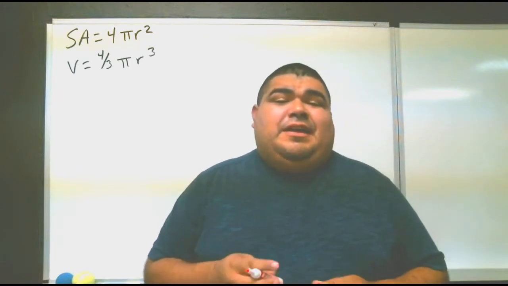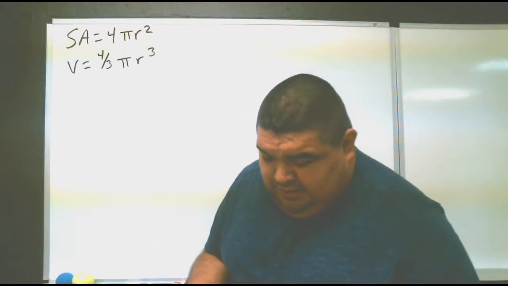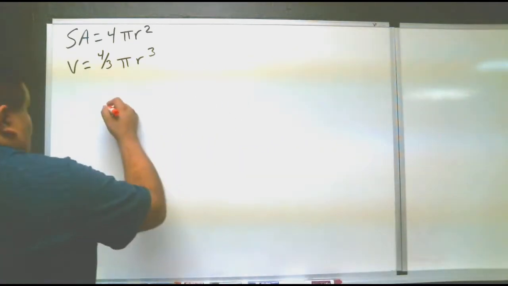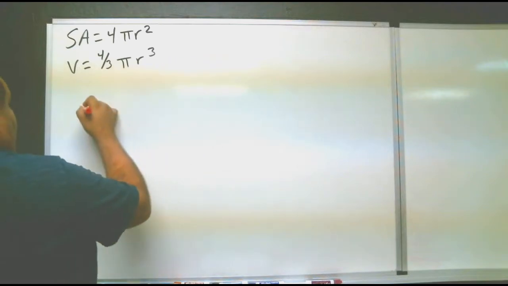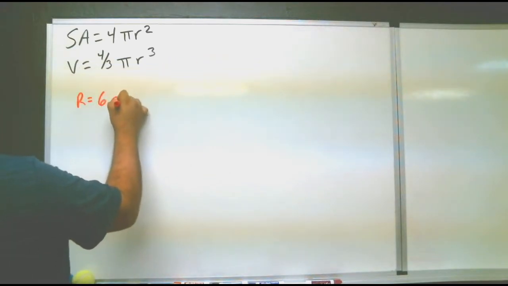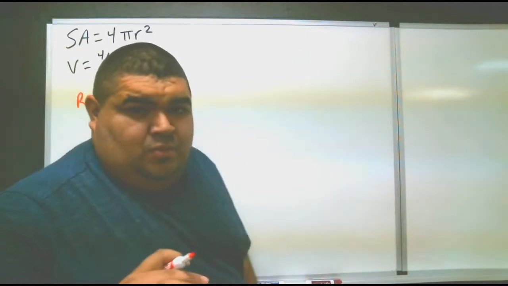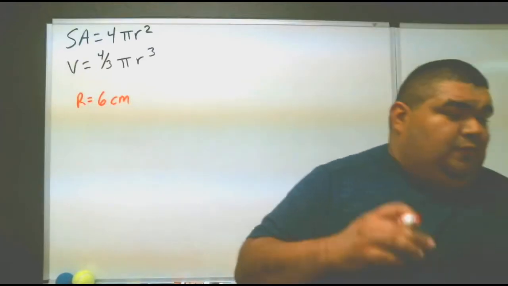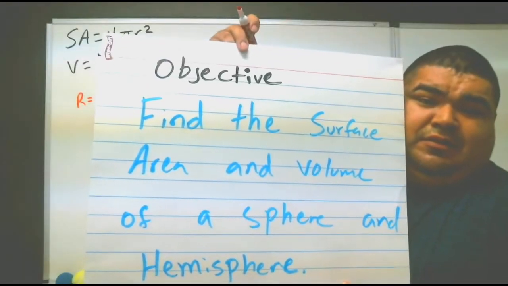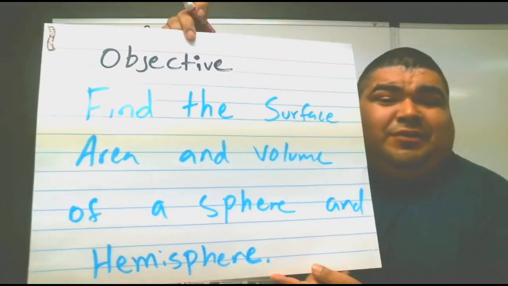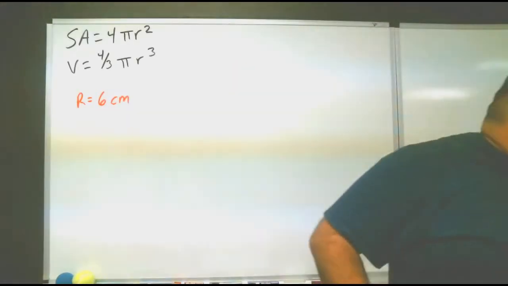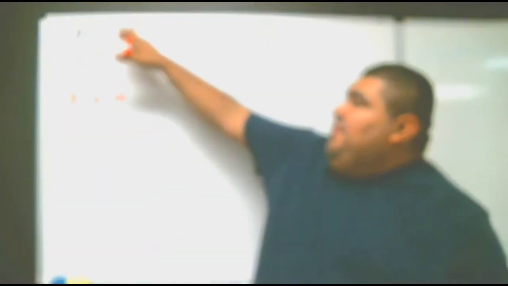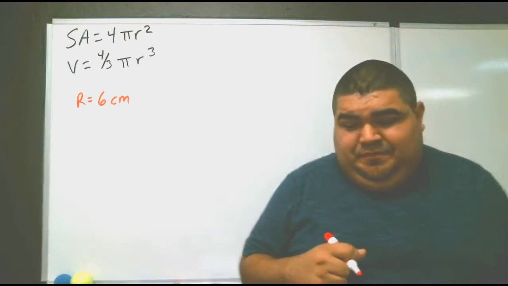But if you have a sphere that has a radius of 6 centimeters, we're going to find both, because remember, our objective was to find the surface area and the volume of both sphere and hemisphere. So we're starting with the sphere. For our sphere, we're going to find both surface area and volume.